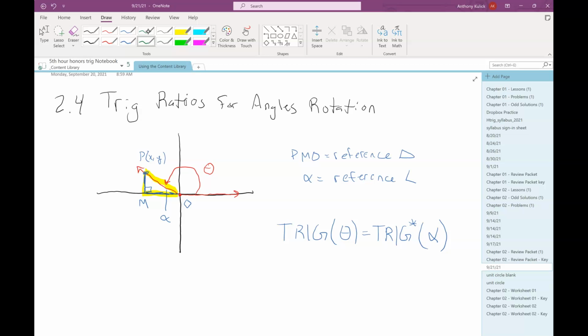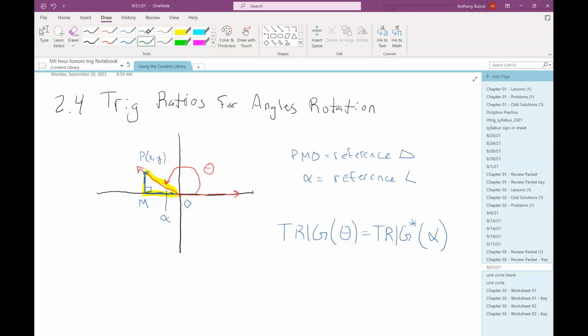Okay, so let's go back to this right triangle that we've drawn. What does the length for side MO have to be? Okay, let me rephrase the question. How do I plot that point P?